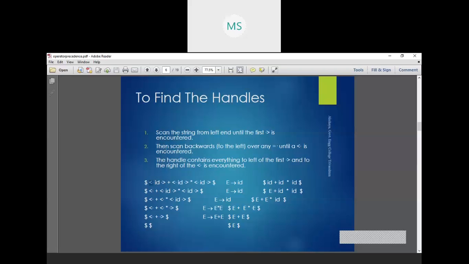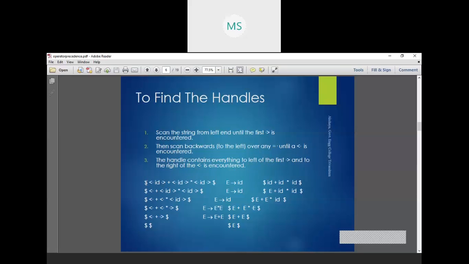See the second step: then scan backward over any equal until a less than is encountered. When you get the less than symbol, that is the third step. The handle contains everything to the left of the first greater than and to the right of the less than encountered. That is the meaning of the steps.